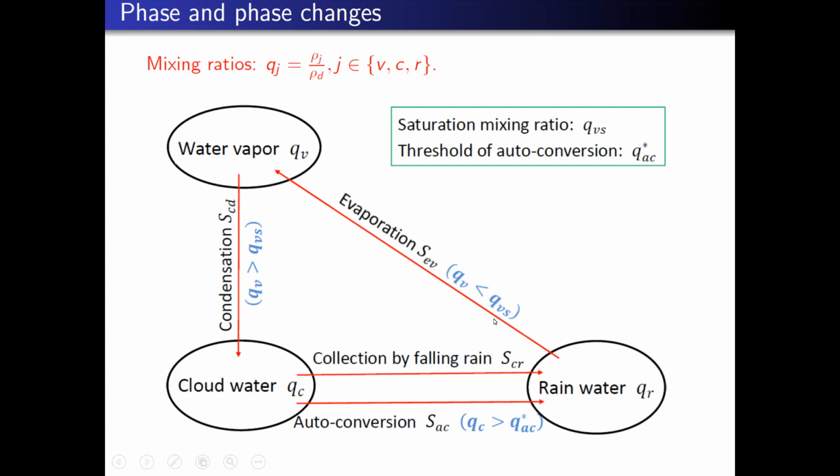This is the microphysics, and this is not the purpose of this conference, but I wanted to tell you where the models are coming from and what we are trying to model. And we know that in this process, when you condense, the moisture releases heat, so it contributes to the temperature. And when it evaporates, it needs heat, so it takes heat from the environment, and therefore it affects the evolution equation for the temperature.